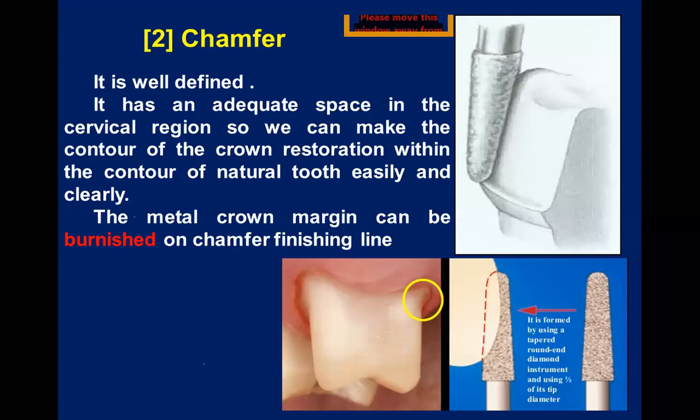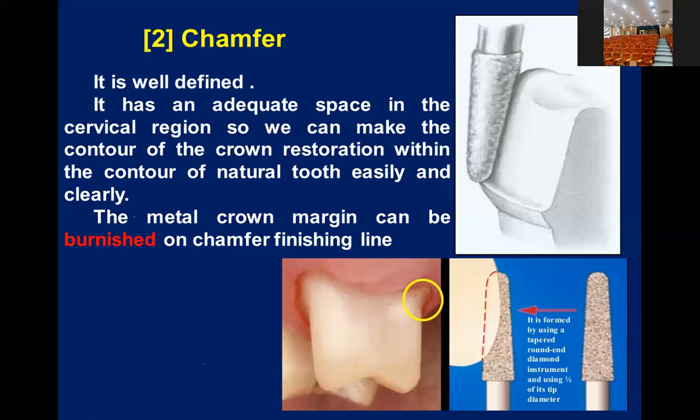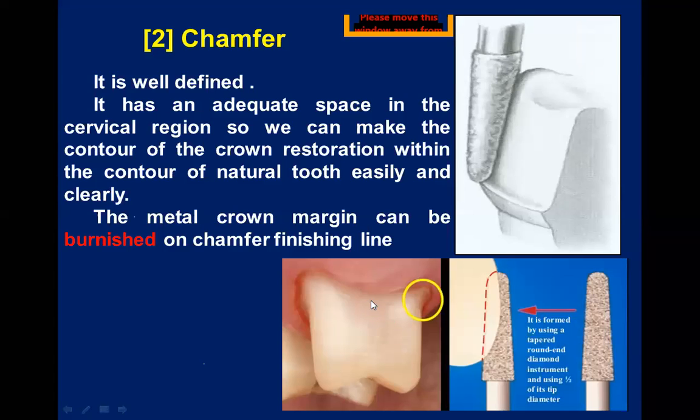It has an angle of 135 degrees from the angle of the prepared wall. So it is not a sharp angle. This margin has an inclination. If you look at the pictures below, you will see that the margin or the chamfer is inclined.